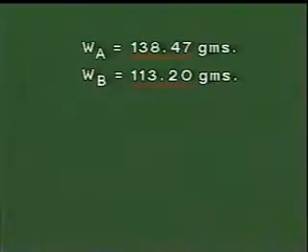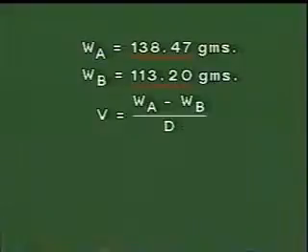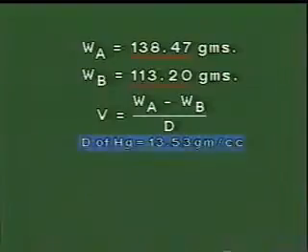The bulk volume occupied by cement is then calculated as V is equal to WA minus WB divided by D, where WA and WB are the weights of mercury as recorded earlier, and D is the density of mercury, which is 13.53 grams per cc at test temperature of 28 degrees centigrade.